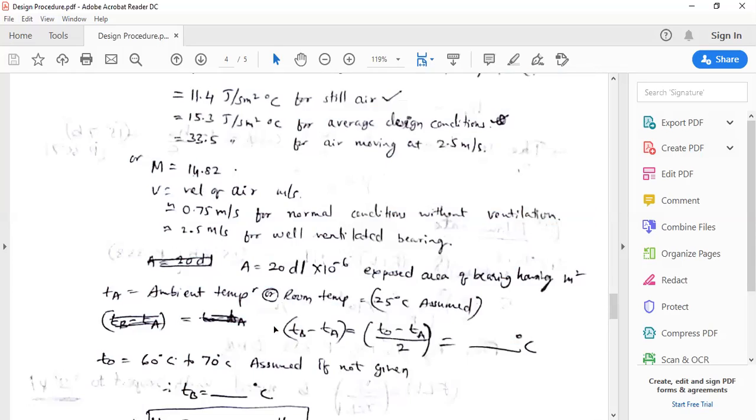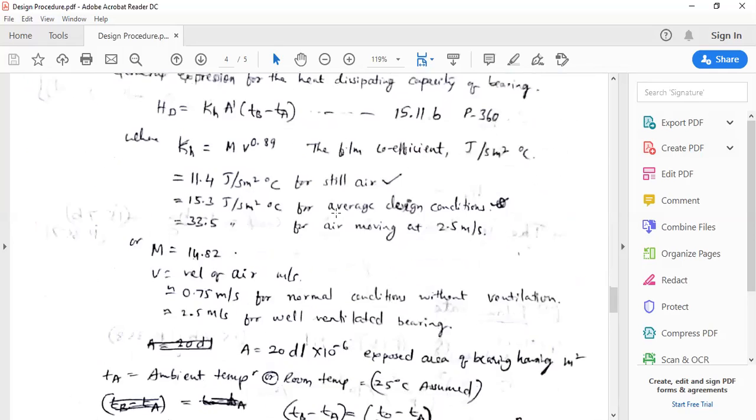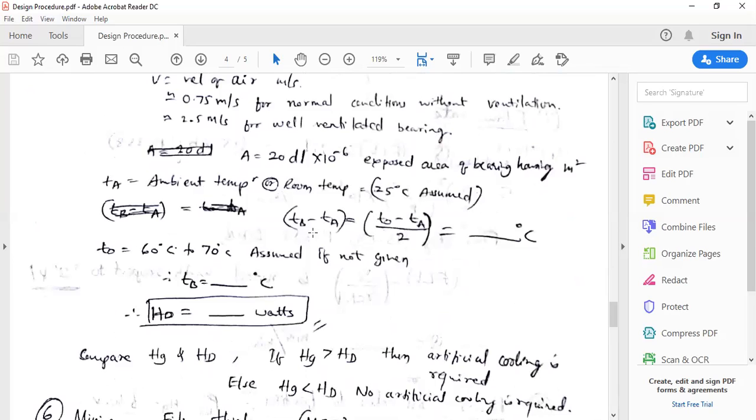So TB minus TA is given by T naught minus TA divided by 2, if it is not given. If it is given, that is well and good, that is bearing temperature minus ambient temperature. If both are known, then we can use TB minus TA directly. Or if the bearing temperature is not given, then we can use T naught minus TA divided by 2.